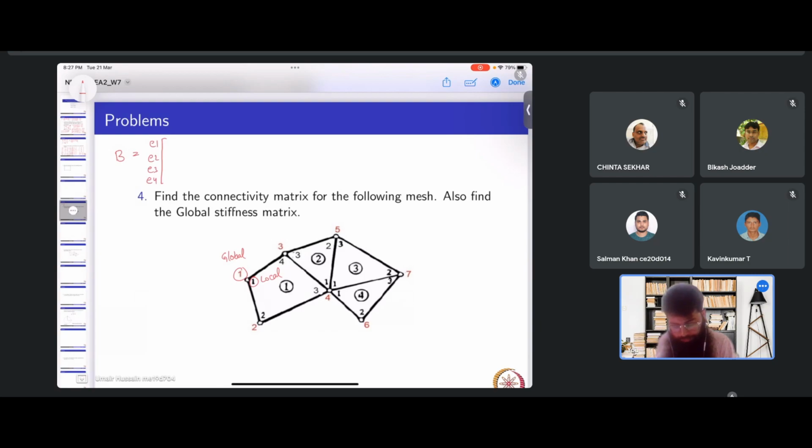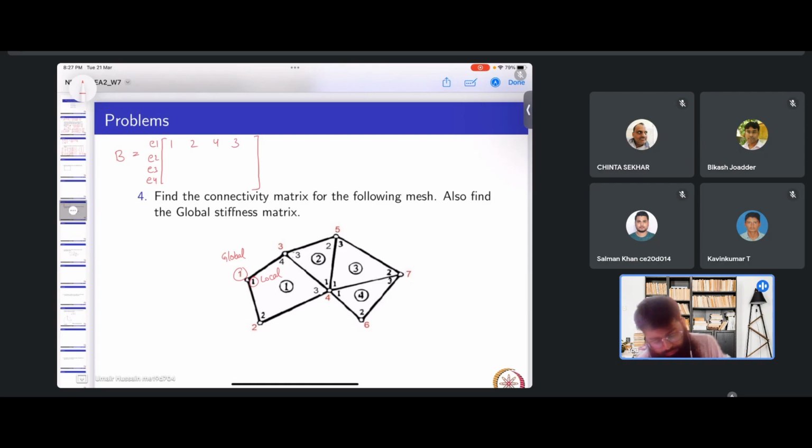For element one, we have four local nodes, so four columns. The connectivity is: local node one is global node one, local node two is global node two, local node three is global node four, and local node four is global node three.